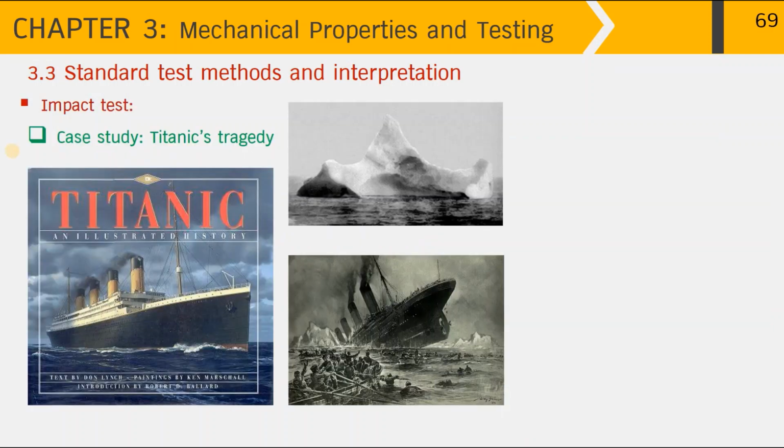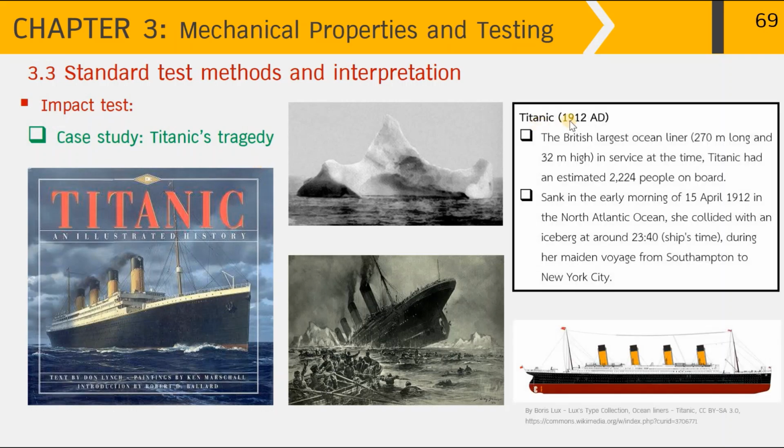Now here I would like to give you a case study first on the Titanic tragedy. This happened long ago, and people your age might have heard about the Titanic movie. The tragedy happened in 1912 when the British largest ocean liner, 250 meters long and 32 meters high, was in service, and it was estimated that more than 2,000 people were on board.